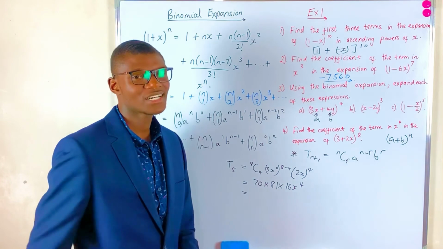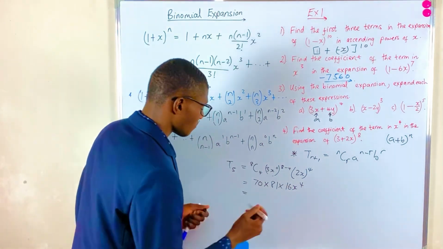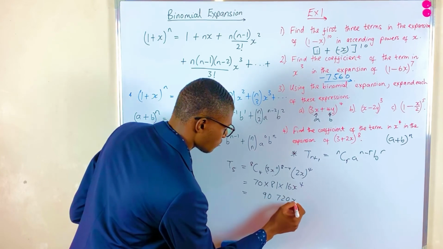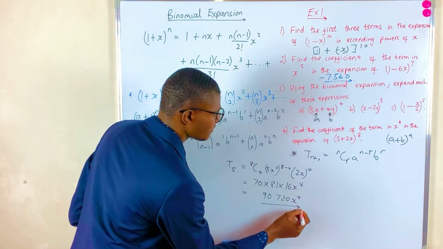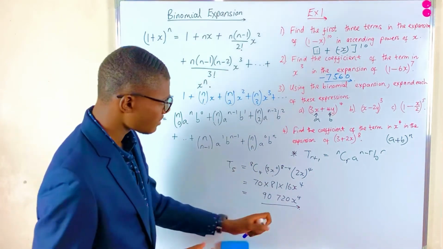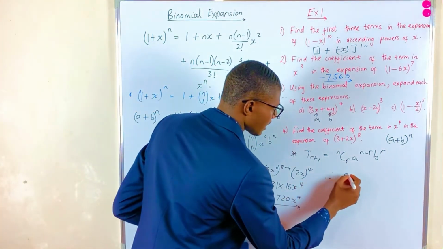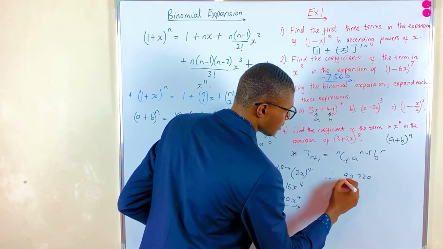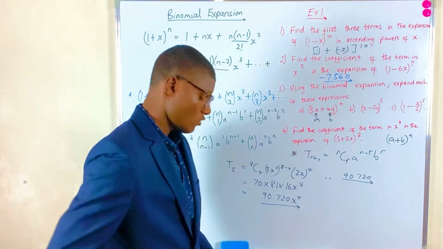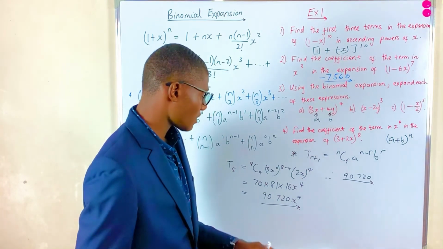We get 90,720x to the power of 4. So this is the fifth term. But the question requires us to find the coefficient. So the coefficient that we want is 90,720, which is the coefficient of the term in x to the power of 4. Right, so that's the answer that we get.